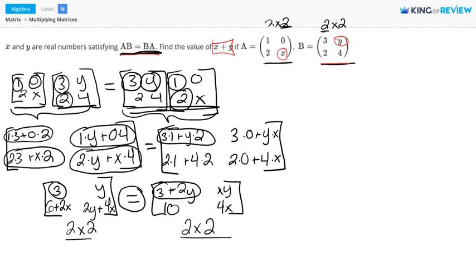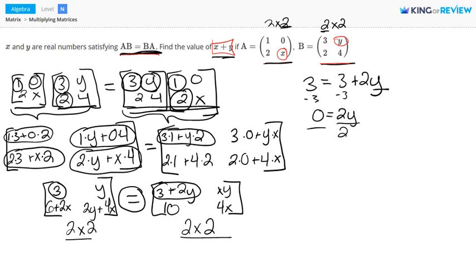Now we can set up some equations to solve for x and y. So we have 3 equals 3 plus 2y. Now we can solve for y, so I'll subtract 3 on both sides. I have 0 equals 2y, and dividing by 2 on both sides, I'm left with 0 equals y.